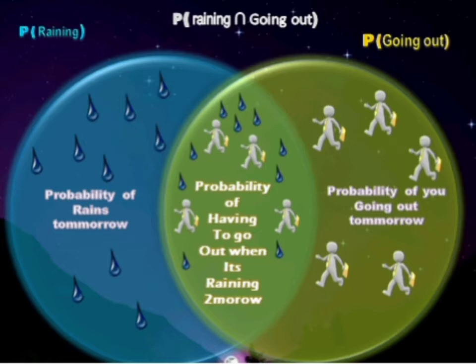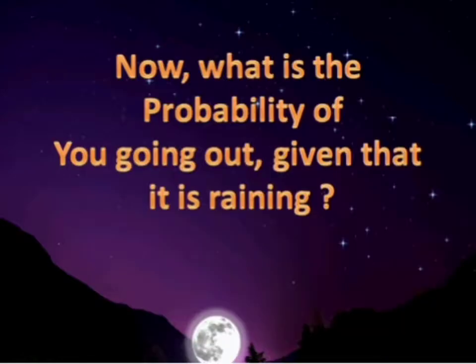The overlapping zone indicates the probability that both these events will happen together. That is what multiplication of events means. Both these events will be happening simultaneously. It is this and that. It is raining and you are going out.